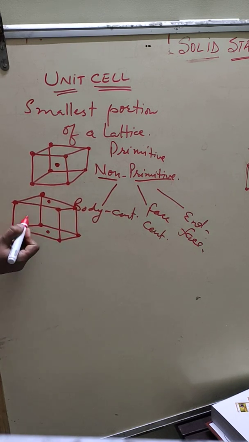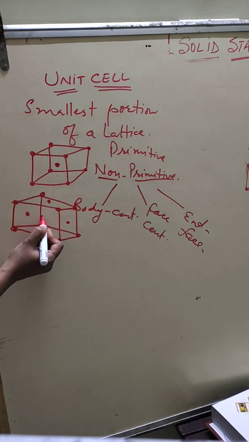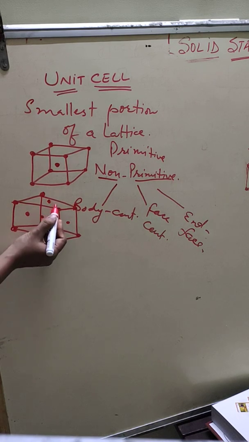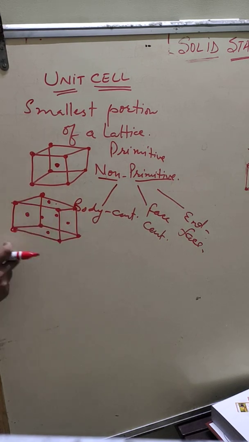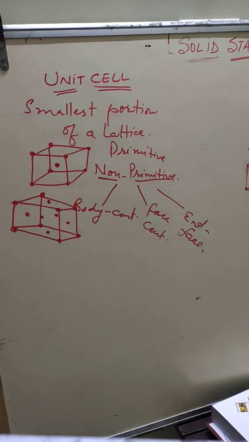This is the front face, at its center; this is the back face, at its center; then the upper face, lower face, left face and right face. There are 6 faces, and the center of each face has one particle, as well as the corners of the unit cell. Then the unit cell is called the face-centered unit cell.